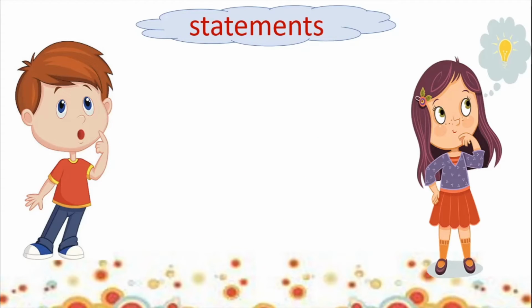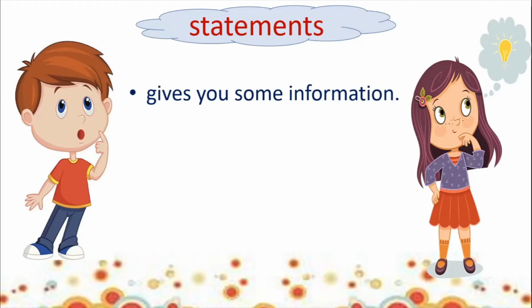So the first one is statements. What is the meaning of a statement? A statement is a sentence which gives you some information. If a sentence is giving you some information or it is stating a fact, then that kind of sentence is called a statement.